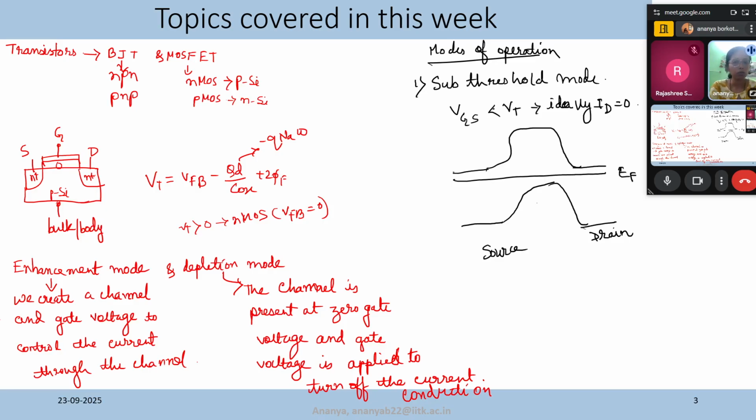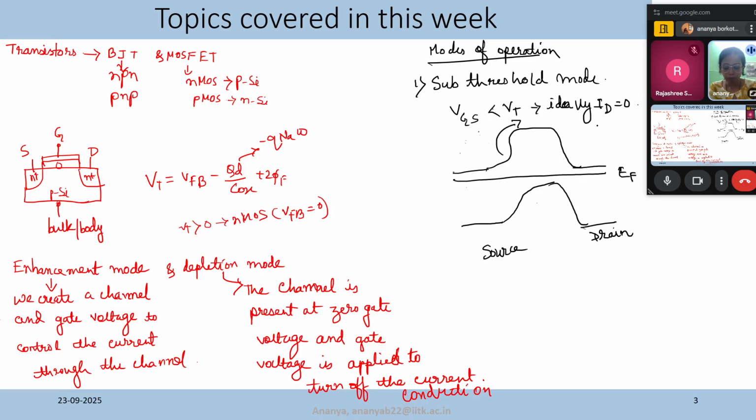Now when the gate voltage is less than Vt, there is no channel, so ideally there should not be any electron flow from source to drain. But there may be some electrons with higher energy, very few in number, which can cross this barrier. So even though ideally the current should be 0, there will be some current.